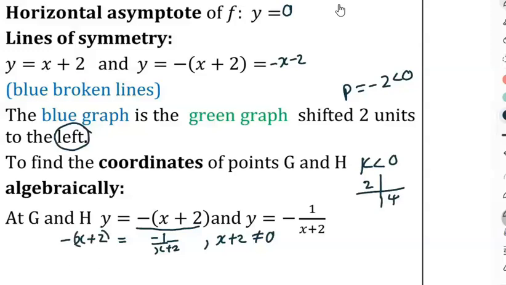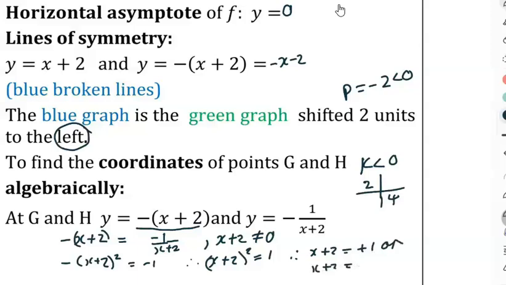So then I get minus (x plus 2) squared is equal to minus 1, so therefore I get (x plus 2) squared equal to 1. So x plus 2 is equal to plus 1, or x plus 2 is equal to minus 1, because our answer is plus or minus if I take the square root there.